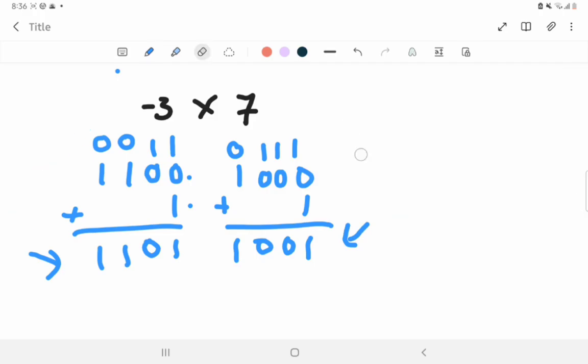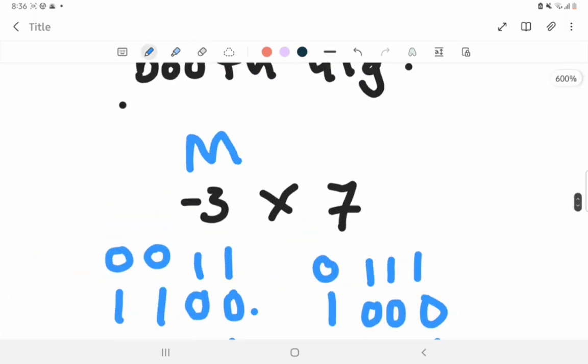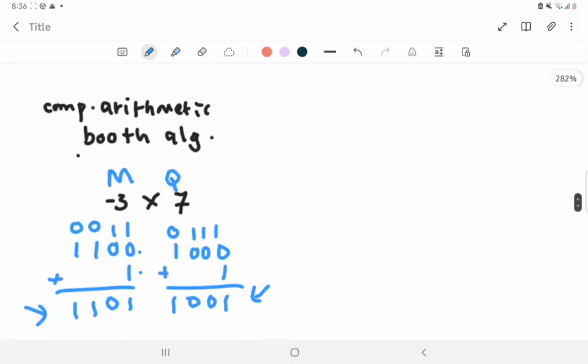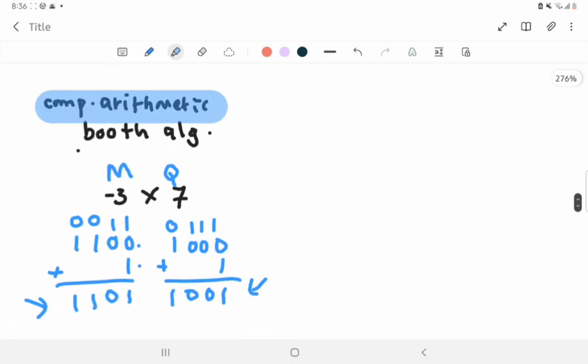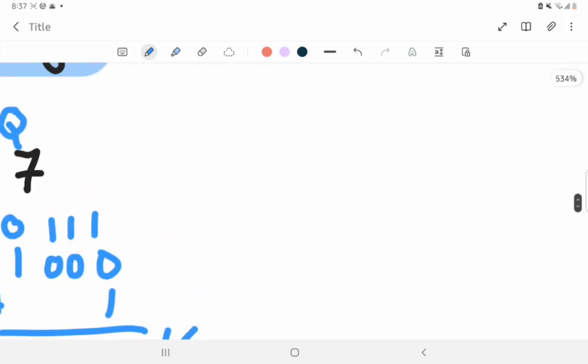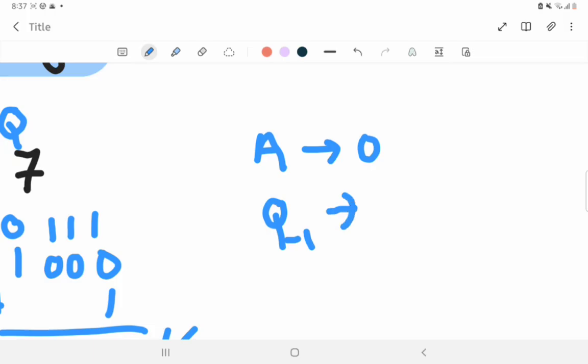So what are these two? These two are actually M and Q. M is the multiplicand; Q, I don't know what. You just remember M and Q, and then A. We want to initialize first: A equals 0, Q minus 1 also equals 0.